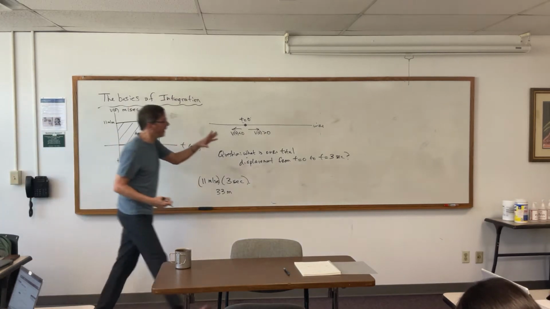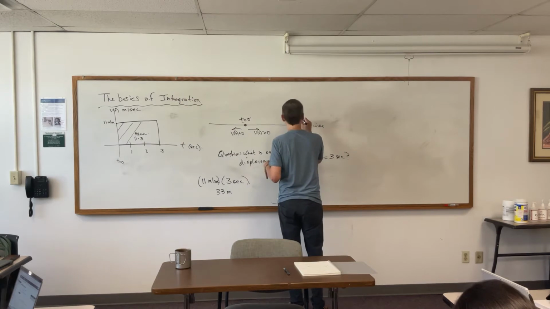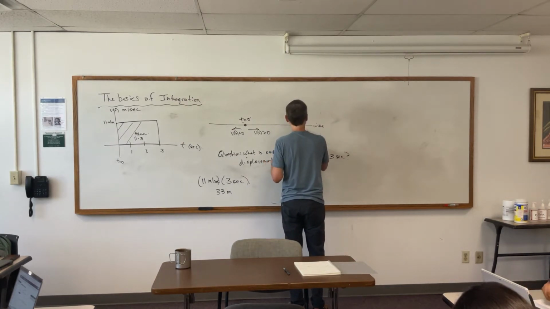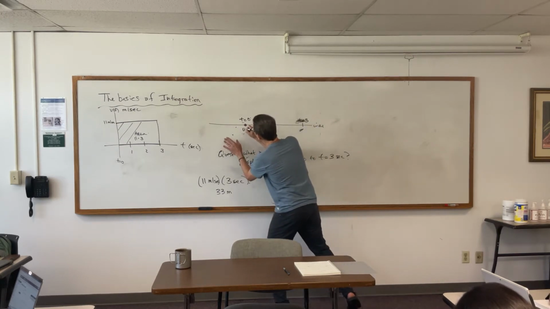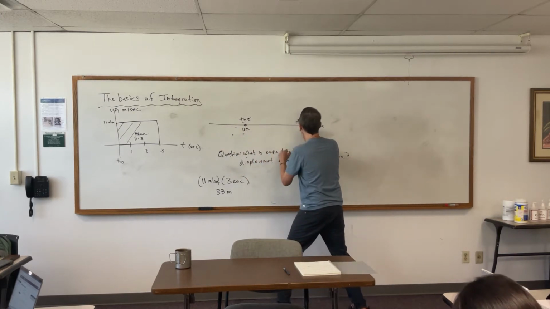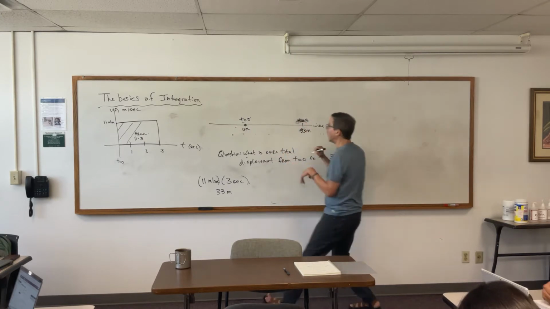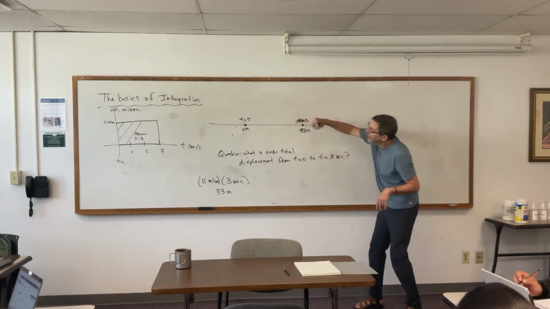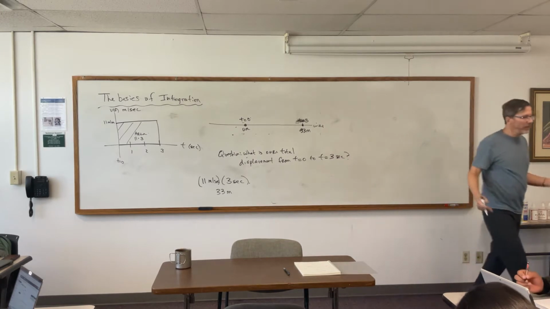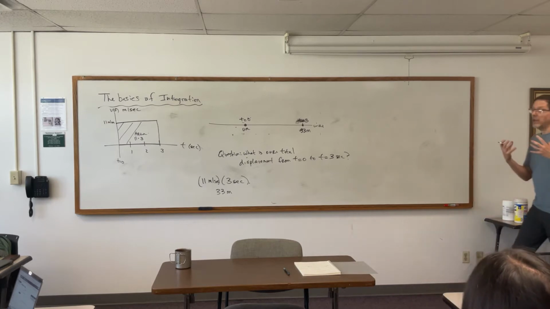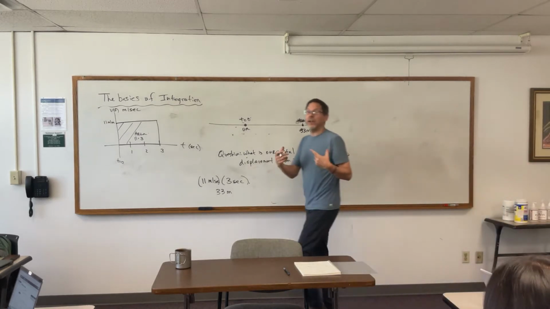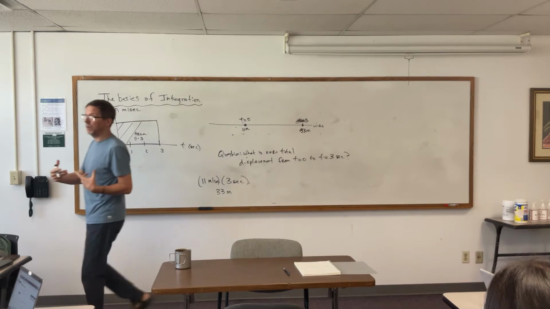So after 3 seconds, I know exactly where I'm at. So t equals 3. And let's say this is 0 meters right here. We are at 33 meters down the wire, literally. It's not too bad. Is this making sense? And if not, please, if you have a question, I guarantee you you're not the only one.